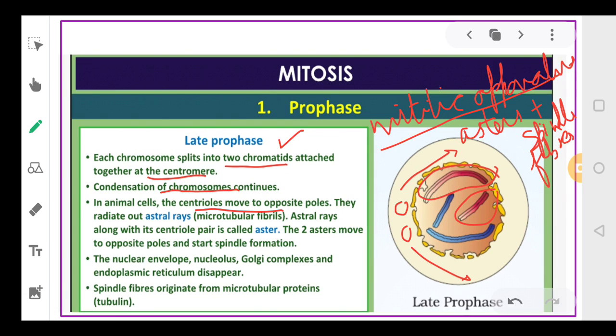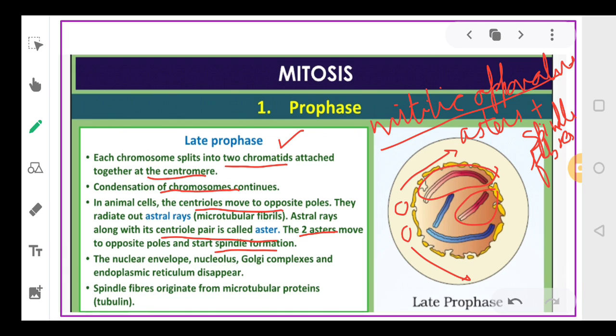So the centrioles will move to opposite poles and start radiating the astral rays, and these astral rays along with their centriole pair are called an aster. And the two asters will move to the opposite poles and start their spindle formation, right? Is it clear?